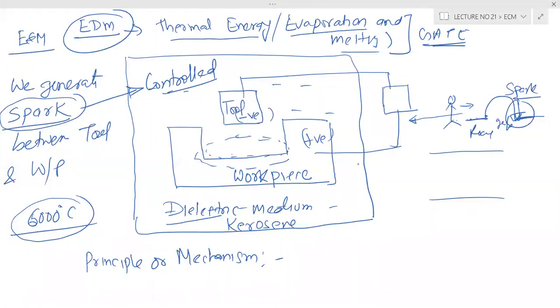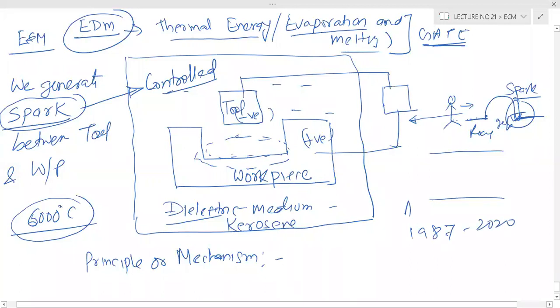Anybody have gone through the GATE questions, 1987 to, I'm talking about advanced machining? Anybody got this?